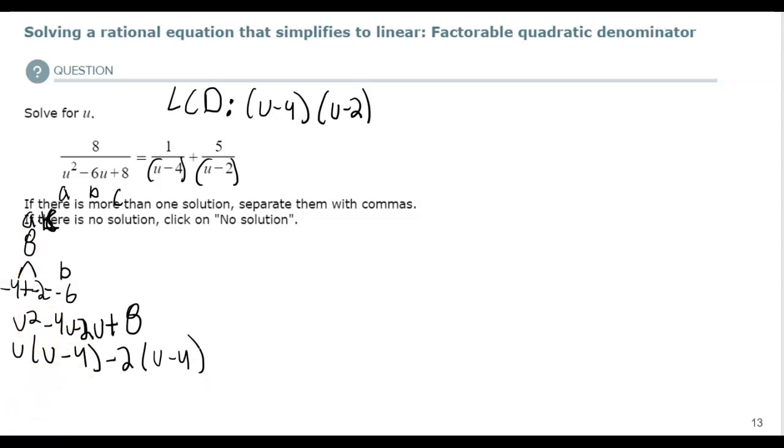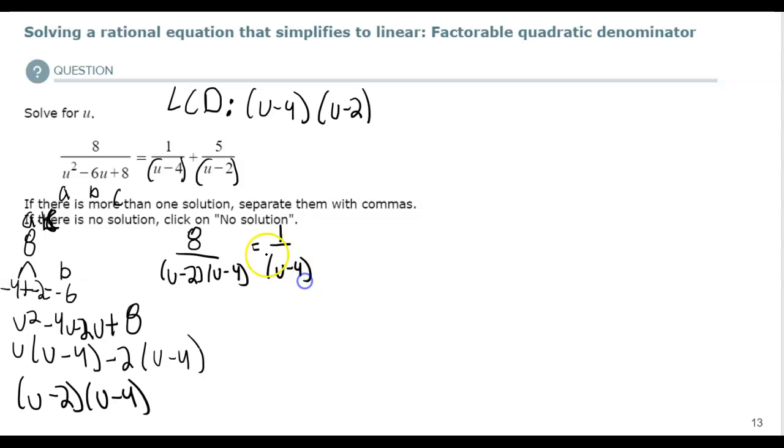The factors that I end up with are u minus 2 and u minus 4, which is what that should be. So I have an 8, u minus 2, u minus 4. I'm just rewriting this.